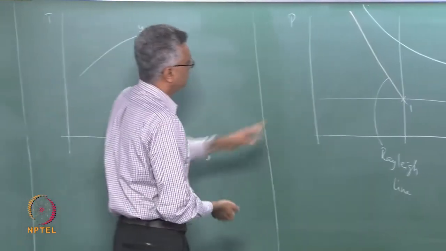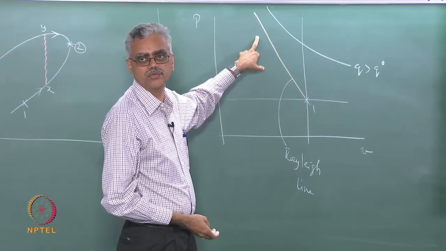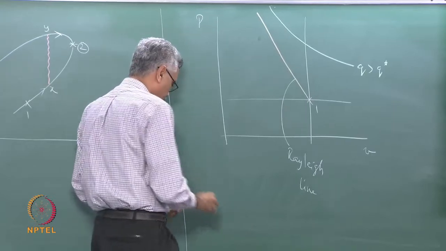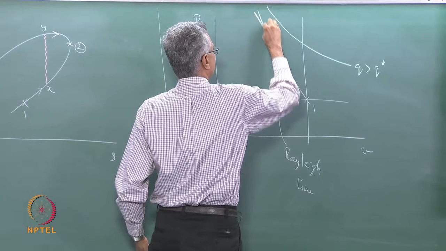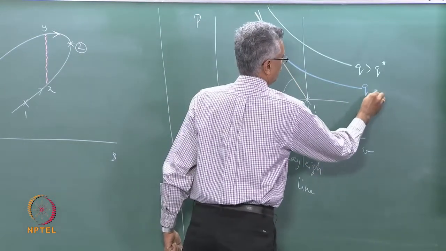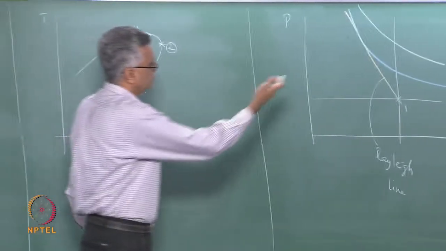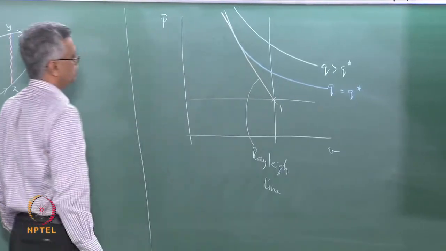So, there is no way I can reach states on this using this Rayleigh line, it is not possible for me to do that, right. Because the Rayleigh line becomes tangential to the H curve at some point here. So, this is Q equal to Q star. The actual Q that we are adding is more than the Q star, so I cannot go to those types of states.